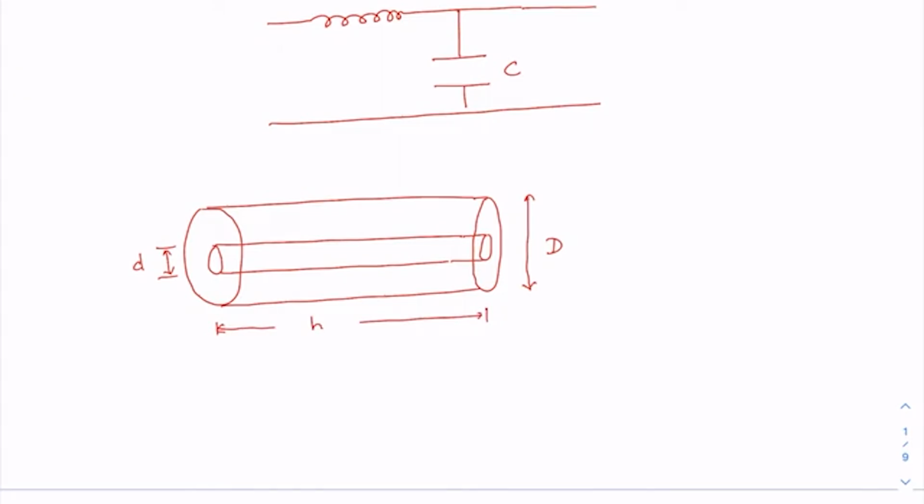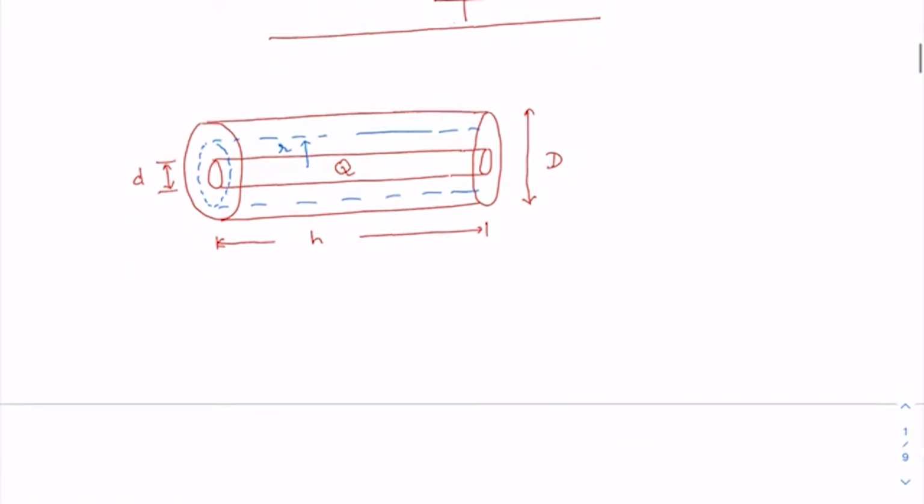Let us say a charge q is there inside the inner conductor, and if I now draw a Gaussian cylinder like this, which has a radius r, we know how to solve this kind of typical problem.